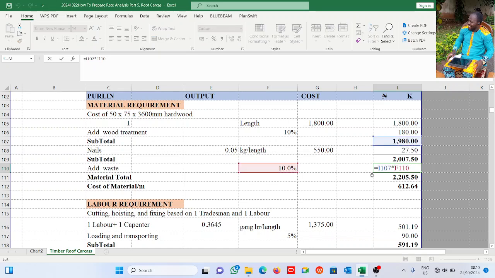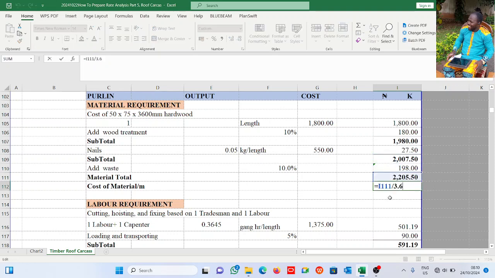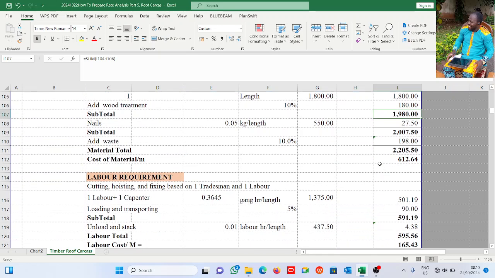We add waste. Now cost per meter, this is total, and this is the cost per meter.